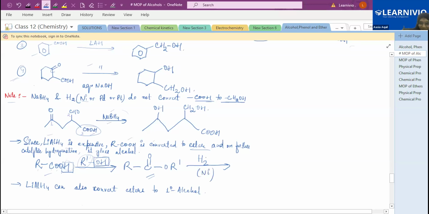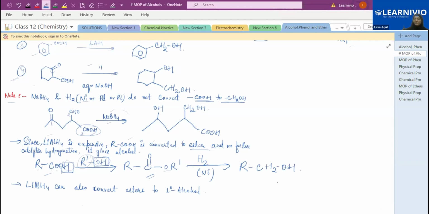So when you do the catalytic hydrogenation, you will get an alcohol, RCH2OH. The number of carbons should be the same; you only have to prepare the corresponding alcohol. Is this reaction clear to all of you? Anisa and Muniba? Yes, ma'am.